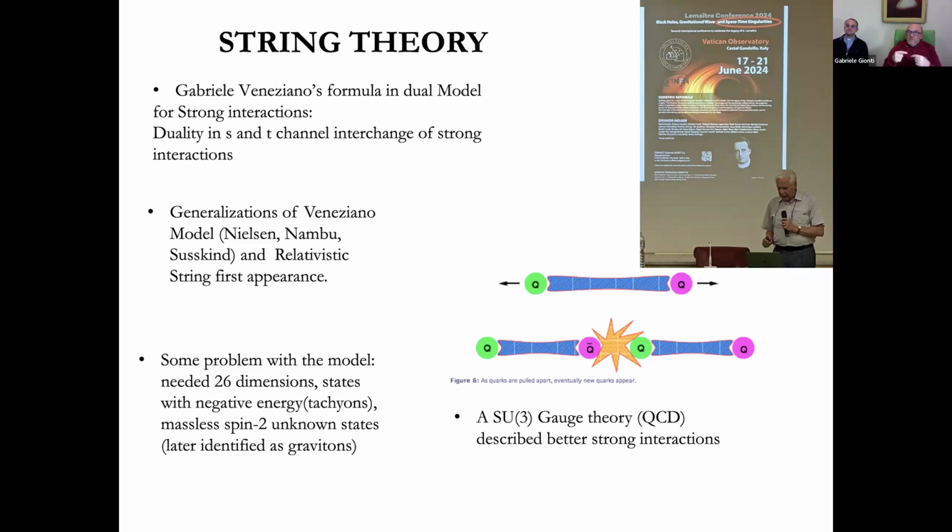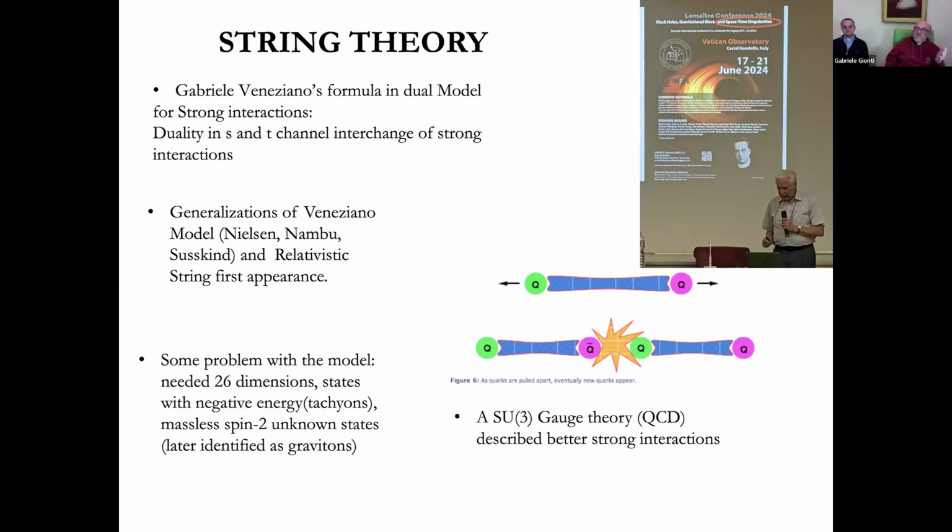But in this model, that was a quantum model, they found in the spectrum that the theory made sense only in 26 dimensions. But there were also states that were particles with negative energy, called tachyons, that made the theory unstable. And there were also some unknown spin-2 states that they were not able to understand.